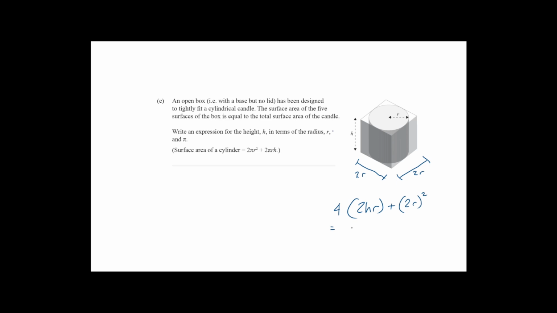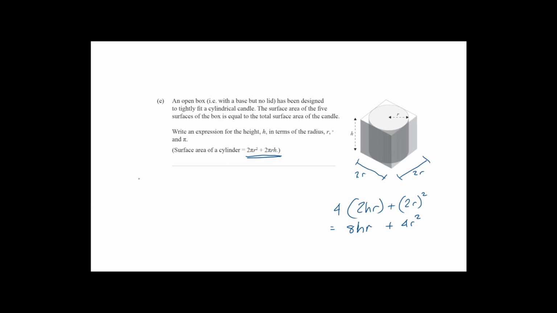So that's going to be 8hr plus 4r squared. That's going to be the surface area of the box. And we're told that it has the same surface area as the cylinder, which is there.